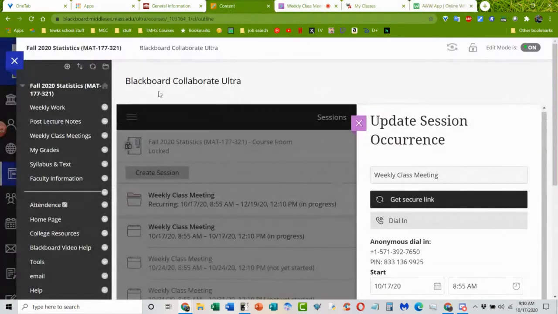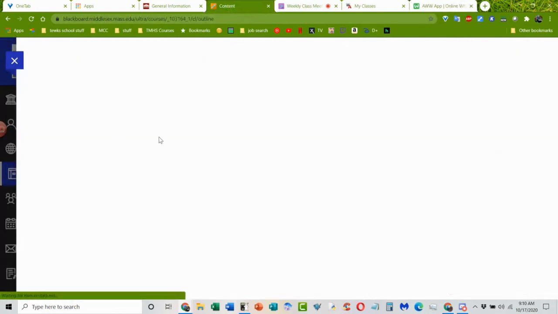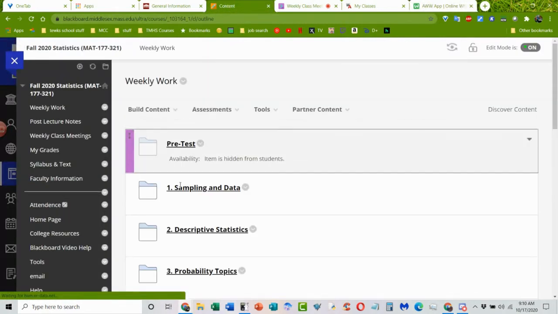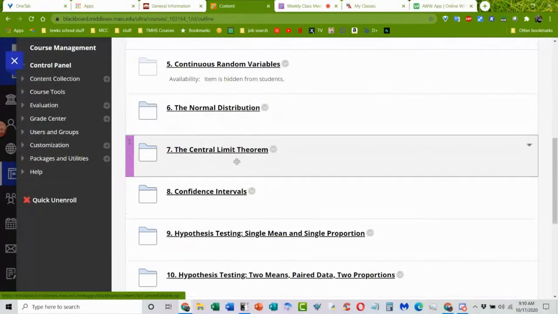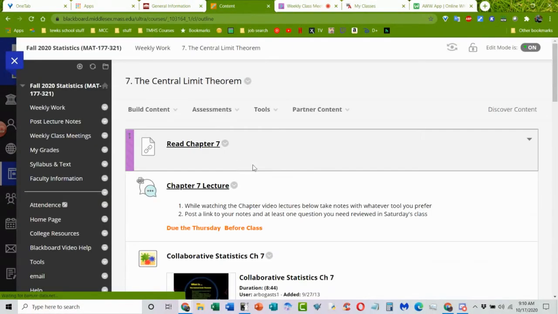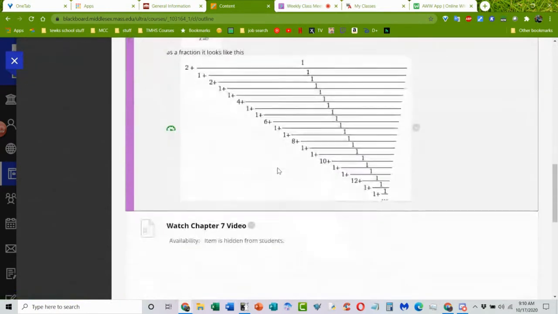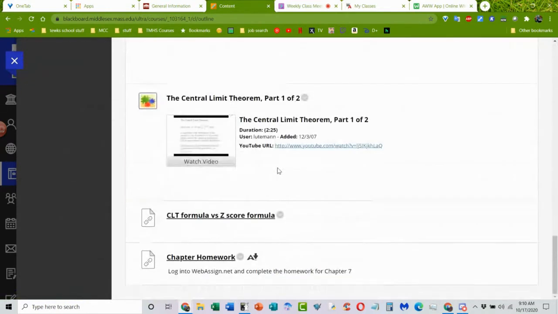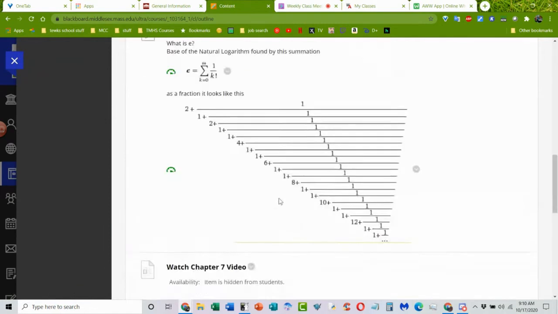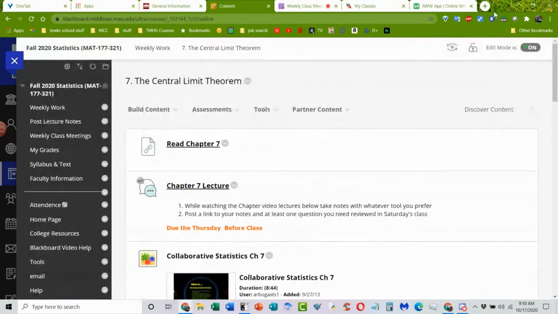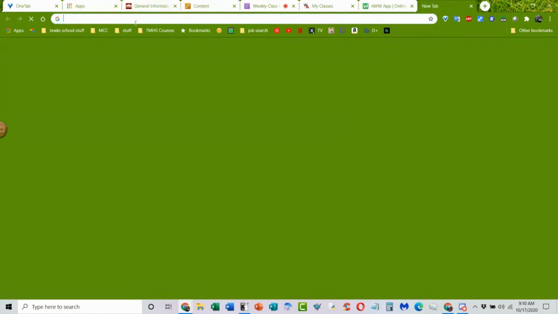Where is my central limit theorem? Leave it in the center. Of course not. I must have taken it out at some point. All right, I gotta remember to put it back in.